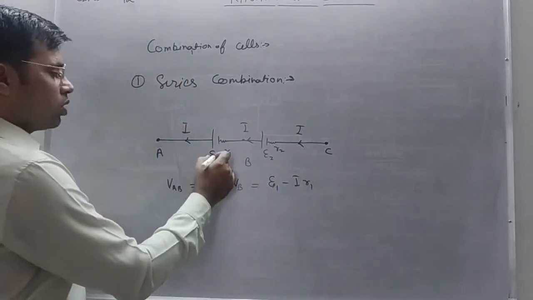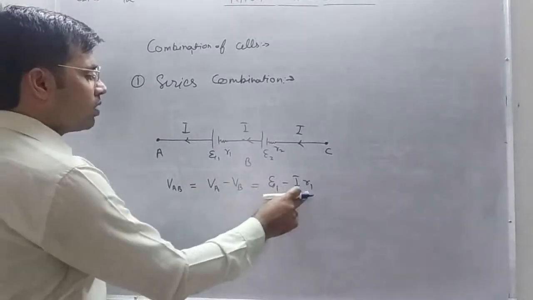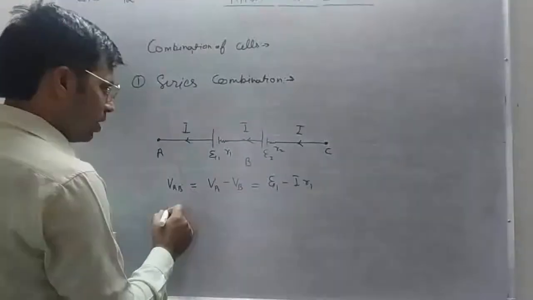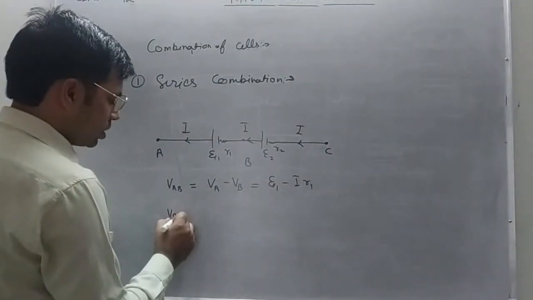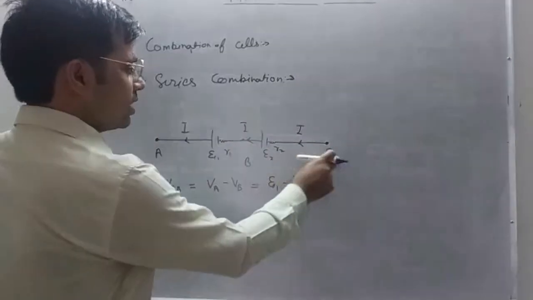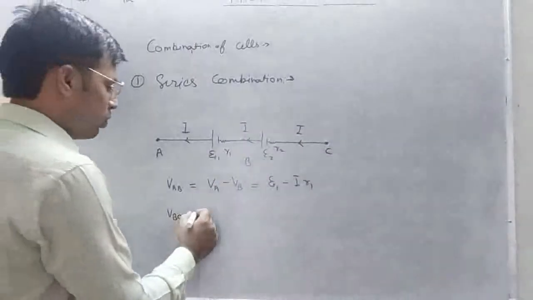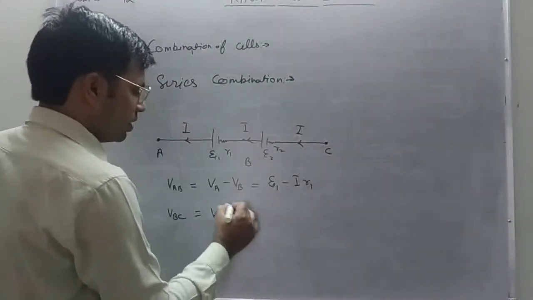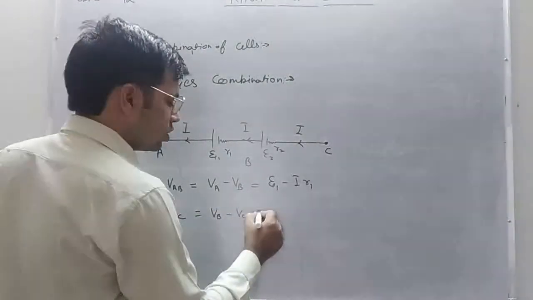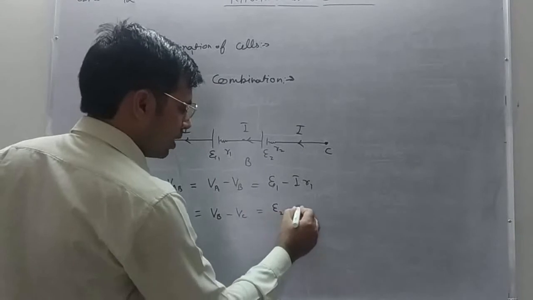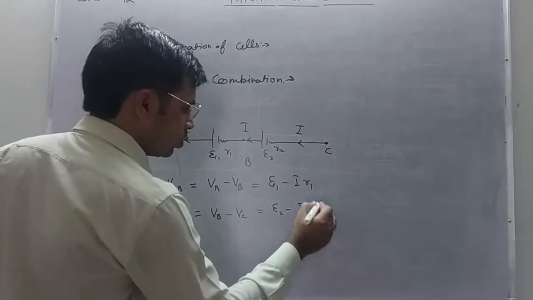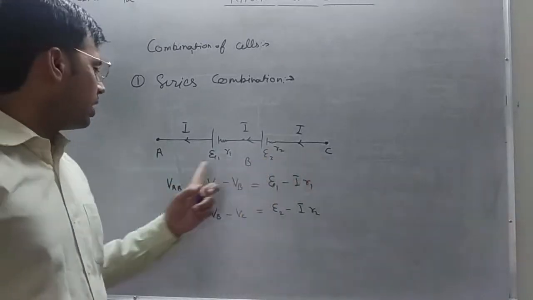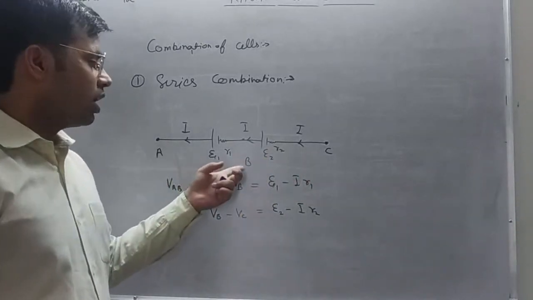E1 is the EMF and R1 is the internal resistance of the cell. Similarly, the potential across terminals BC is VB minus VC, and it equals E2 minus IR2.